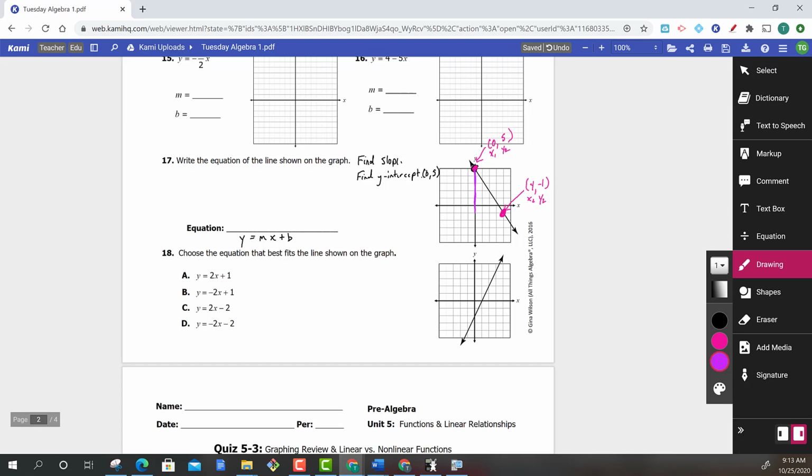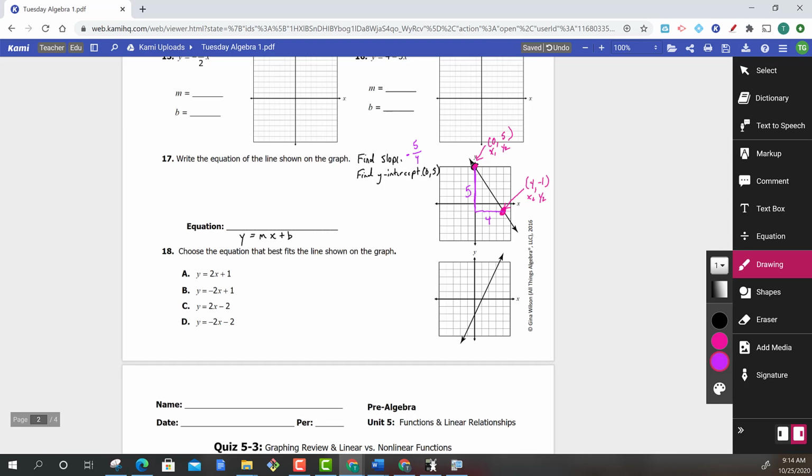So I went down 1, 2, 3, 4, 5, and I ran 1, 2, 3, 4. So the slope is 5/4, but it has to be a negative 5/4 since we're going downhill. So the equation of this line is y equals negative 5/4 x plus 5.